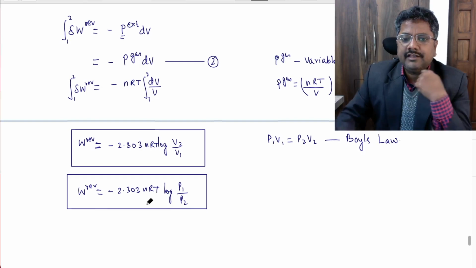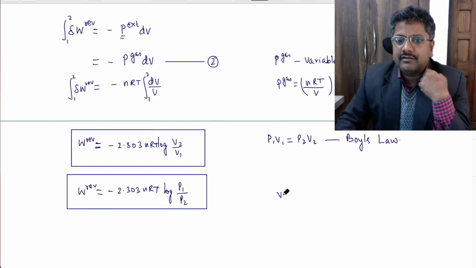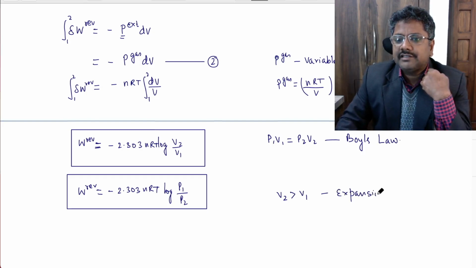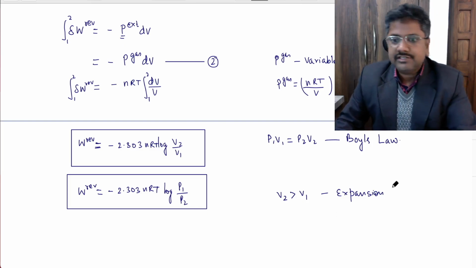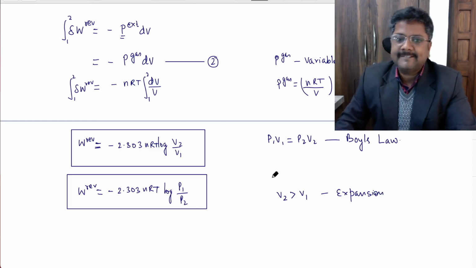See, when V2 is greater than V1, that means expansion. So whenever expansion is taking place, then this W is negative.